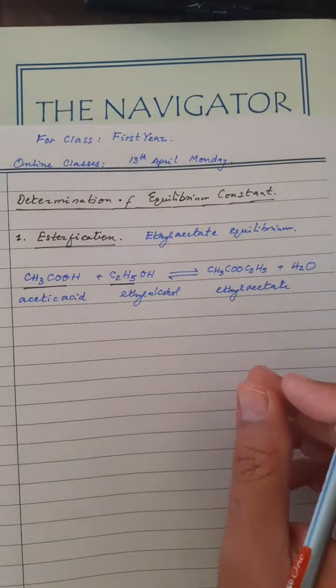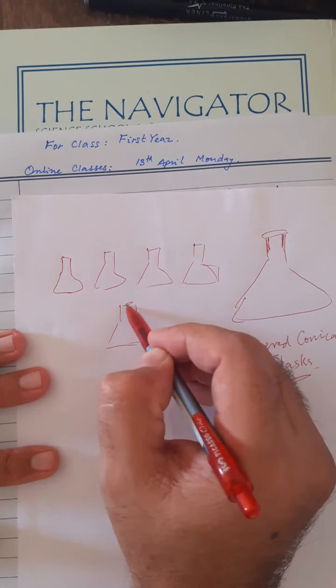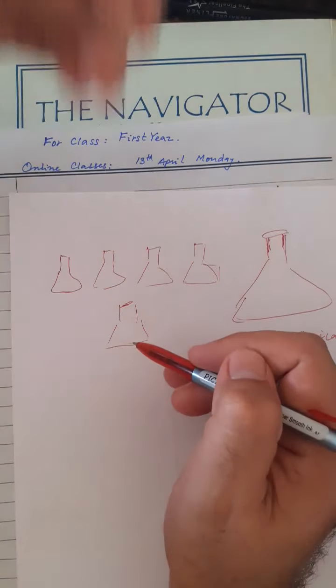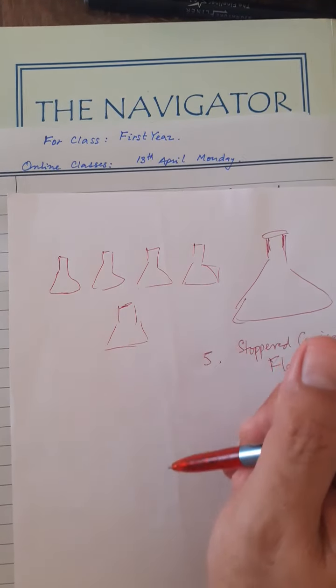So we have 5 flasks: flask number 1, flask number 2, I'm sorry, excuse me for my drawing, flask number 3, flask number 4, and flask number 5. And a stoppered flask means once we close it, nothing else can come inside, it will make it a closed system.